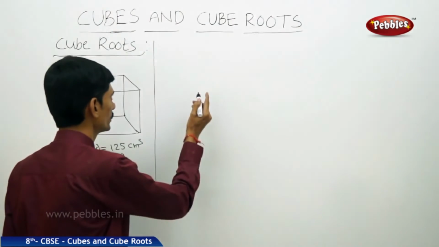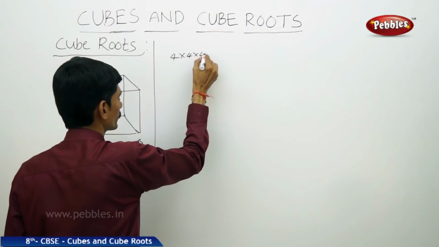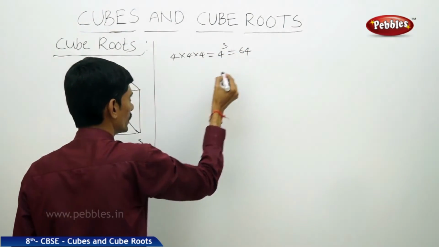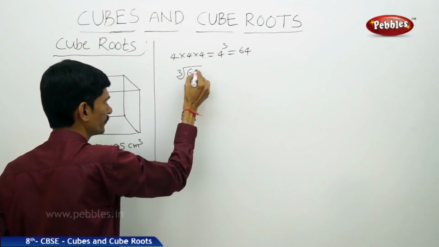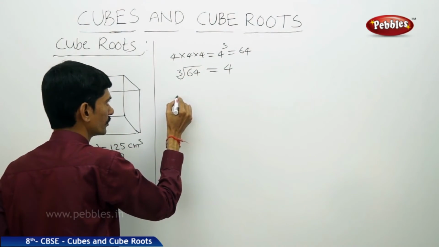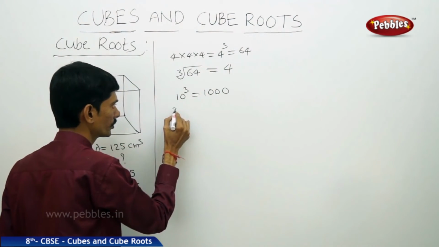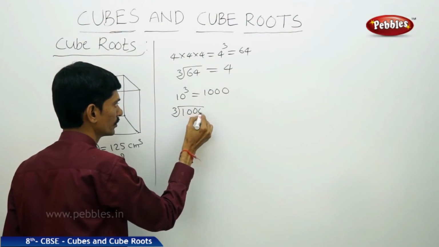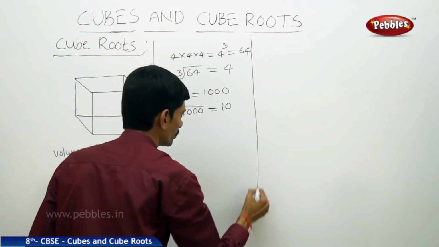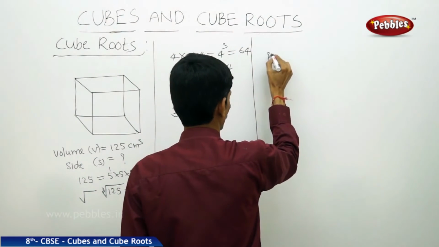When you multiply 4 three times, 4 into 4 into 4, this equals 4 cube, which equals 64. Then the cube root of 64 is 4. When you write 10 cube equals 1000, then the cube root of 1000 is 10. Now you will write the cube roots up to 1000.